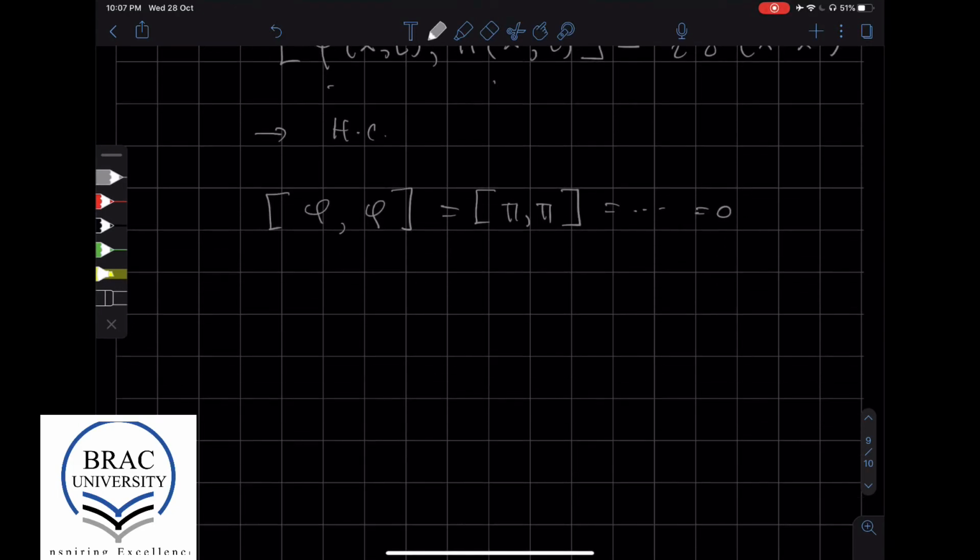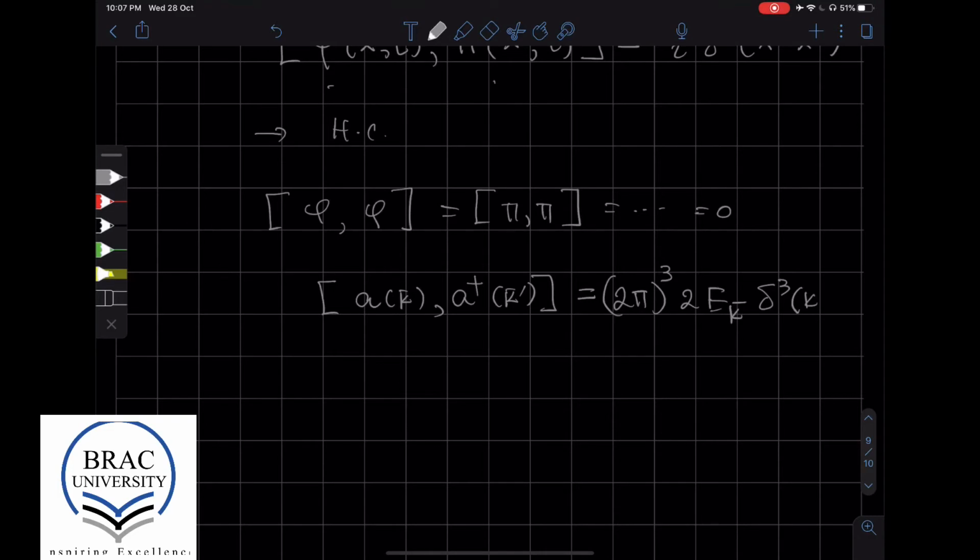And it can be shown, by doing a Fourier transform of these relationships, that they are equivalent to the a and a dagger commutation relationships being the usual ones, as well as the b and b daggers. They also satisfy similar commutation relationships.